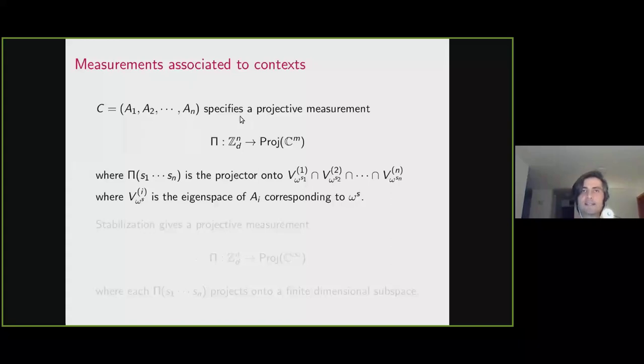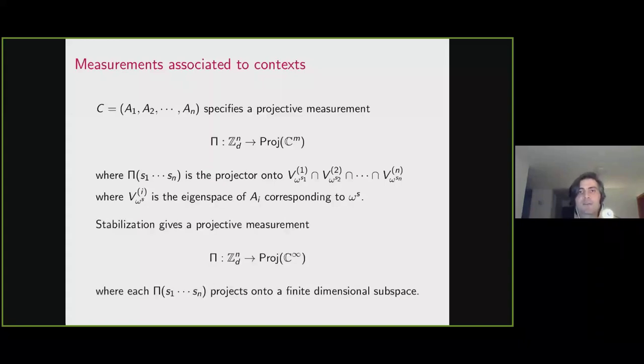A context specifies a projector measurement, which is essentially a function that sends an element of Z mod D^n to a projector, which projects onto the common eigenspace of these operators corresponding to the eigenvalues omega to the power s. So this is a projector measurement. Since we are sending M to infinity, we can do the same thing for the projective measurements as well.